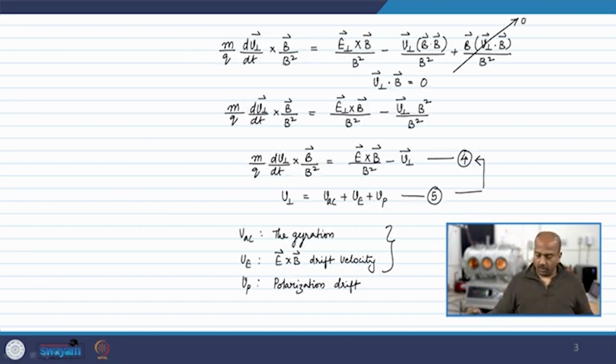You see, this is what I forgot to put symbols on these velocities.